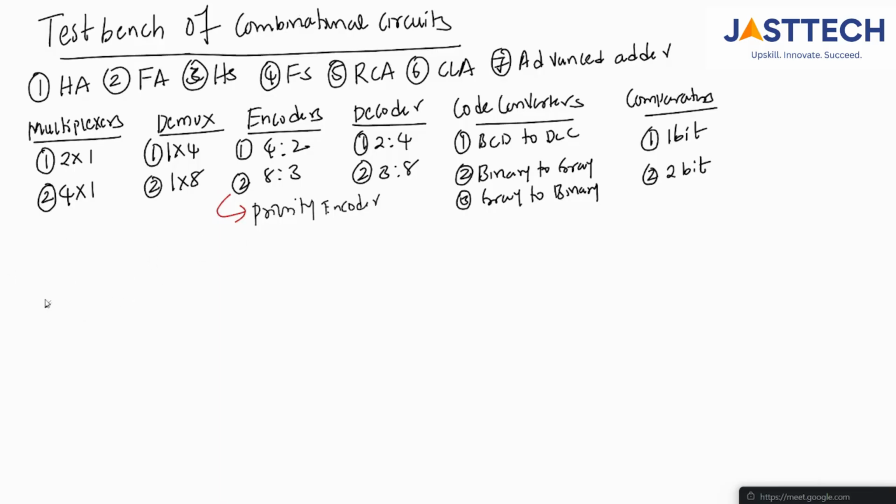So test bench. Test bench is nothing but we are going to generate the stimulus and provide it to the design and check the outputs. So what is test bench? We are going to generate the stimulus, means we are generating the test cases.